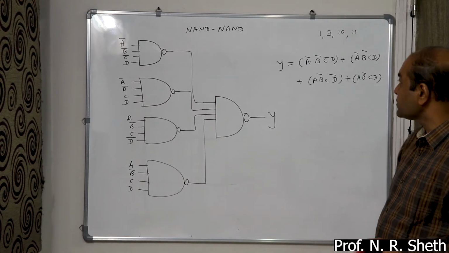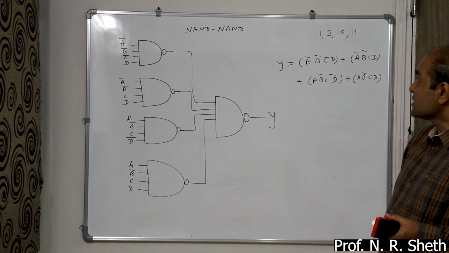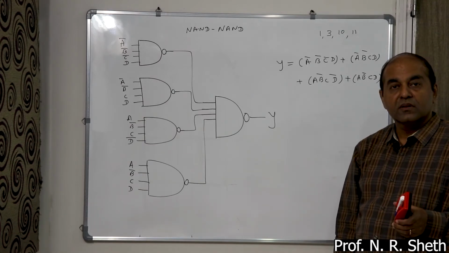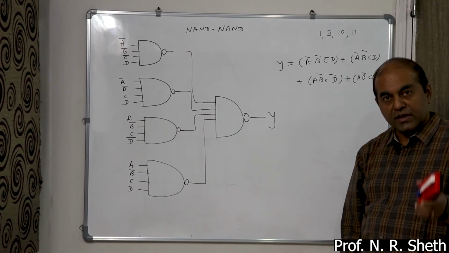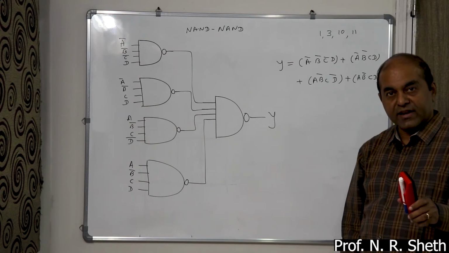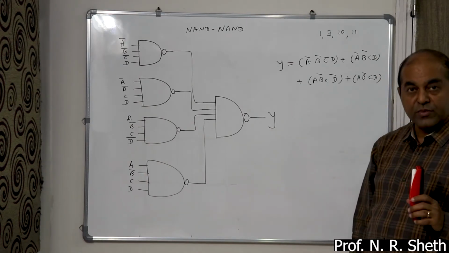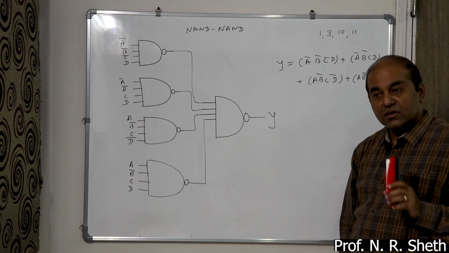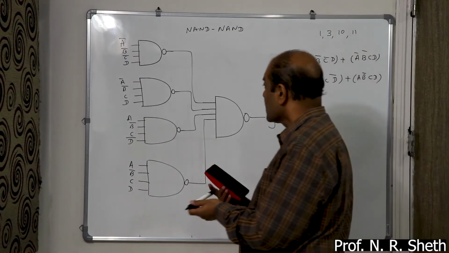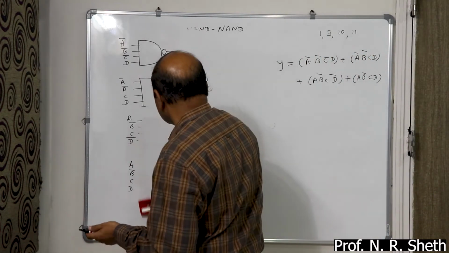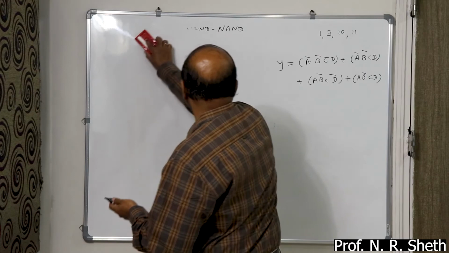Okay. So this is second example. First, we have discussed 3 input. Second, we have discussed 4 input. And the third one, just copy down the question first.